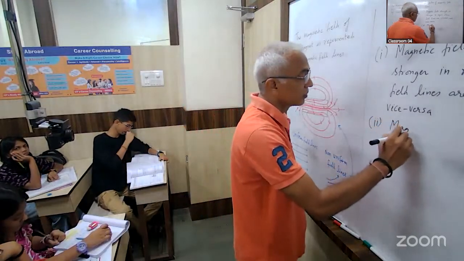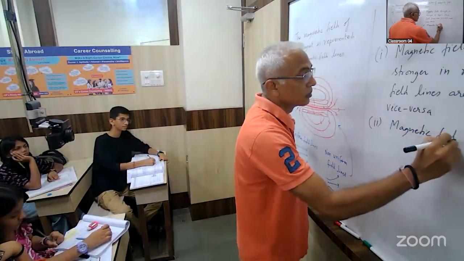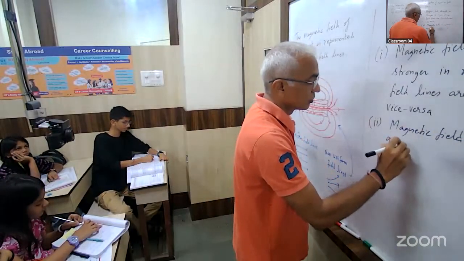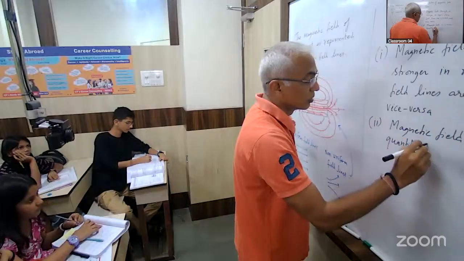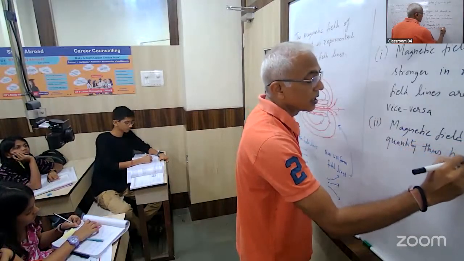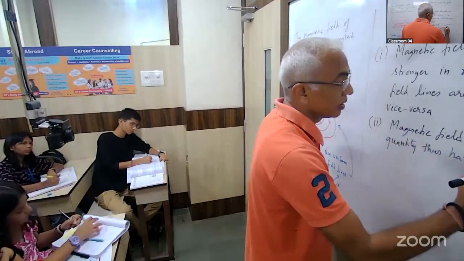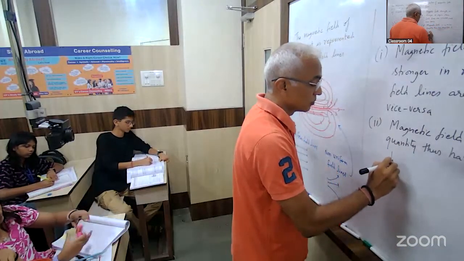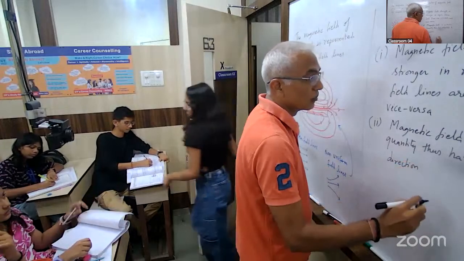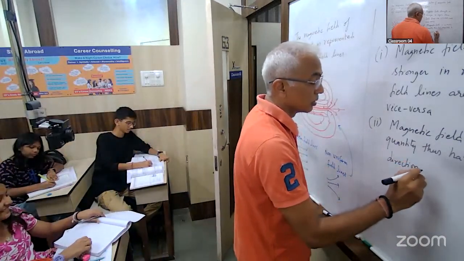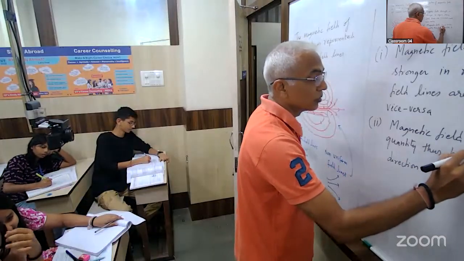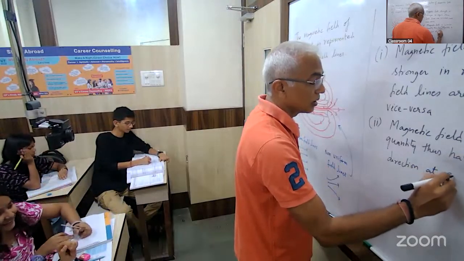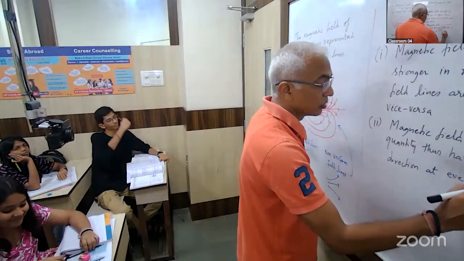Magnetic field is a vector quantity, thus it has magnitude and direction.